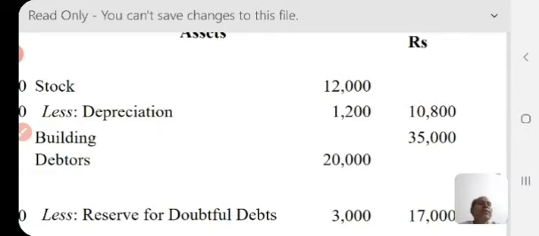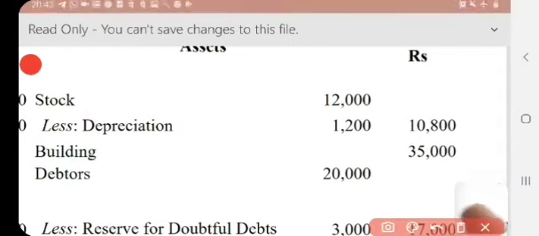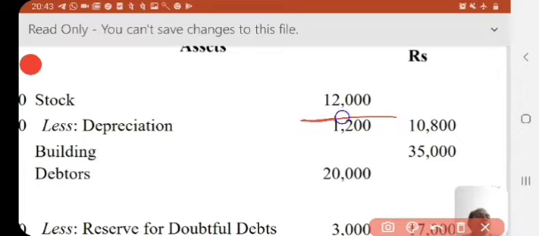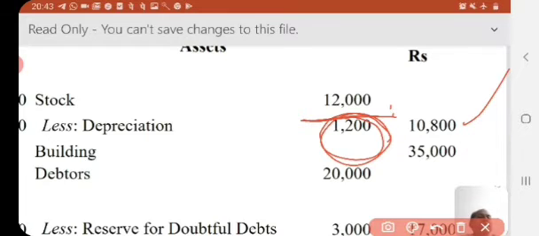Only 90% of the book value should be taken into account. So 12,000, 90% is the value, so 10% is the depreciation. The remaining is 10,800 after subtracting from this.